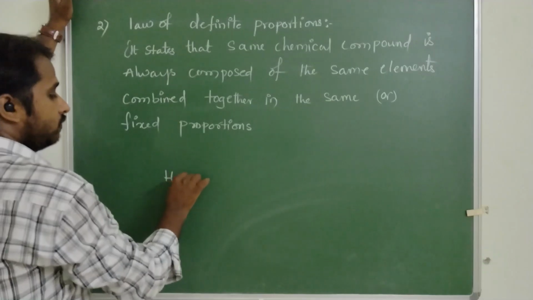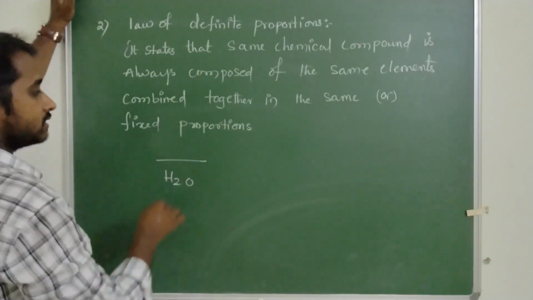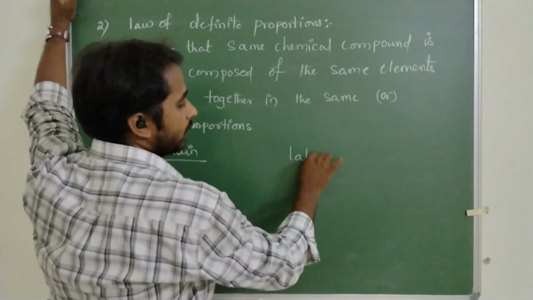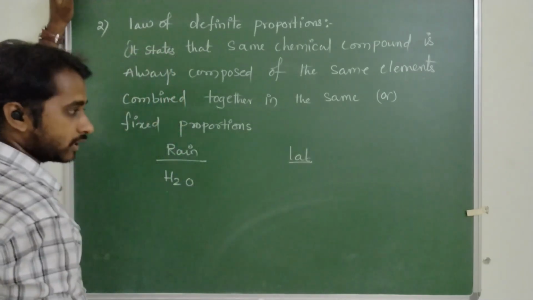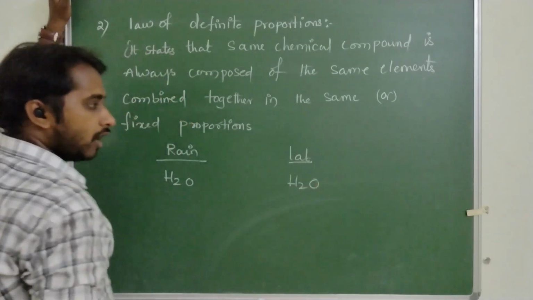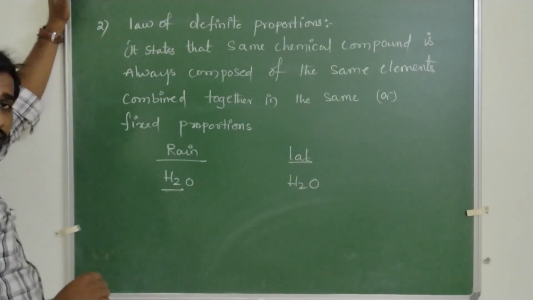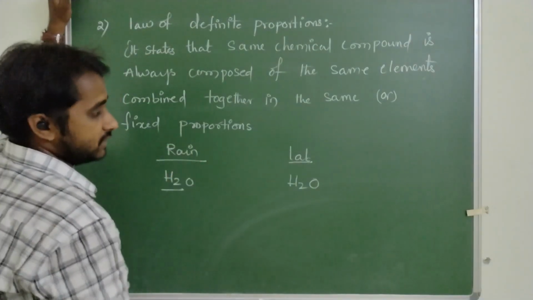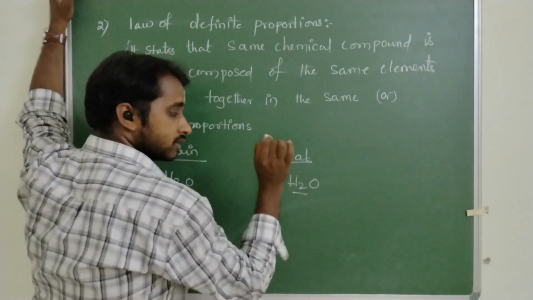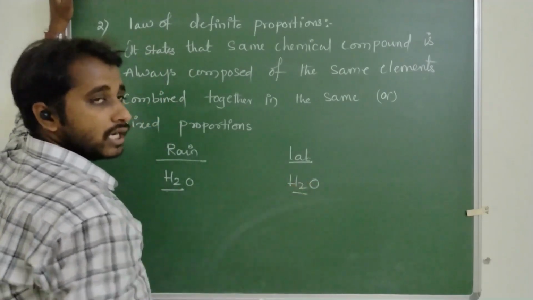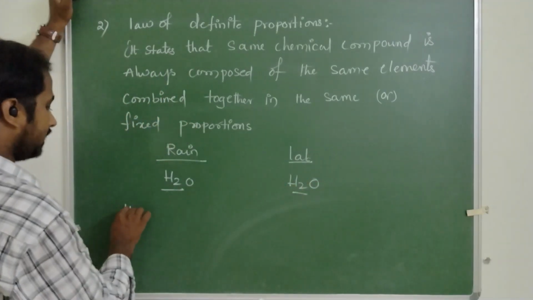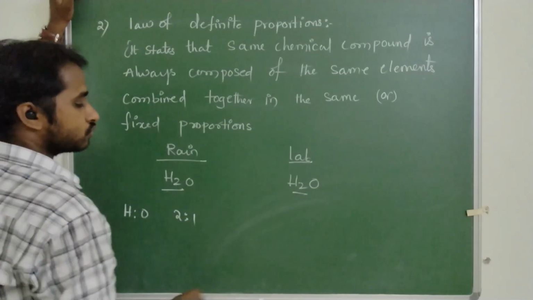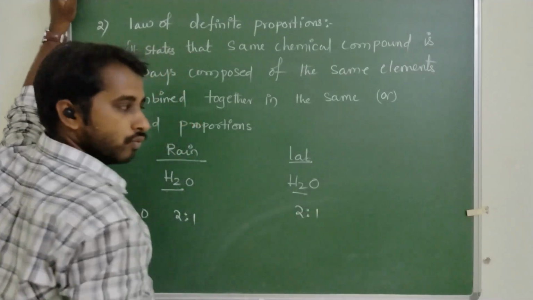For example, water. First case is water collected from rainwater, and the other is water prepared in the lab. If you take the chemical compound, it has two atoms of hydrogen and one atom of oxygen. So the ratio of hydrogen to oxygen here is 2 is to 1, and here it is also 2 is to 1.